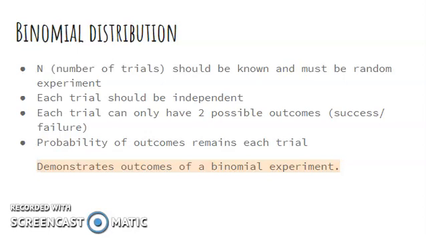Now if you were doing a multiple choice test and you have 4 outcomes, A, B, C, D, the probability of getting the answer right is always 1/4. You're not going to get a probability of 1/2 or 2/4 unless it is a true or false question. And a binomial distribution demonstrates outcomes of a binomial experiment.